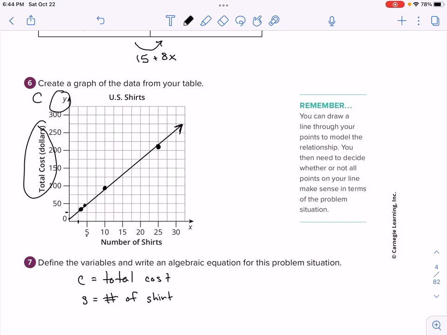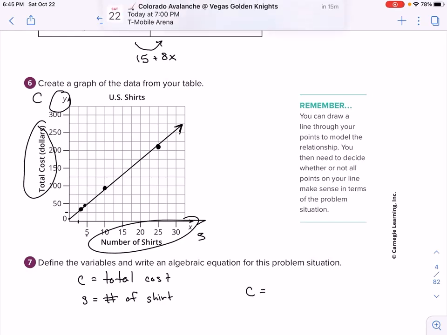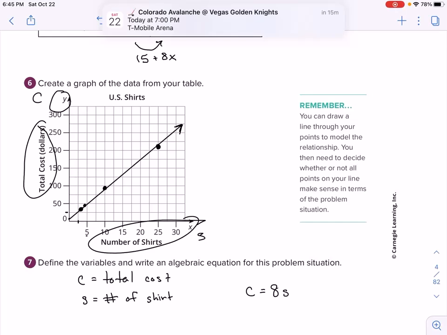That tells you that S is independent and C is dependent. The equation that you have here should be C equal to 8S, 8 times the number of shirts, plus 15. We're going to be using this equation, 8S plus 15. We actually have been using it, but we haven't written it down.